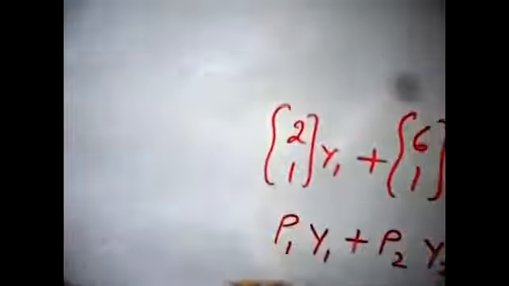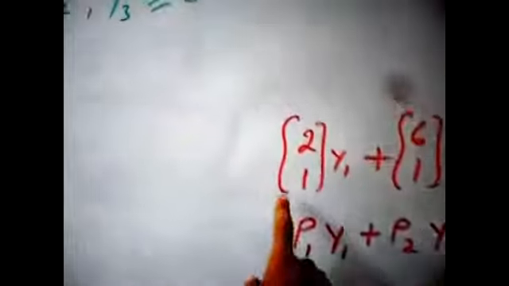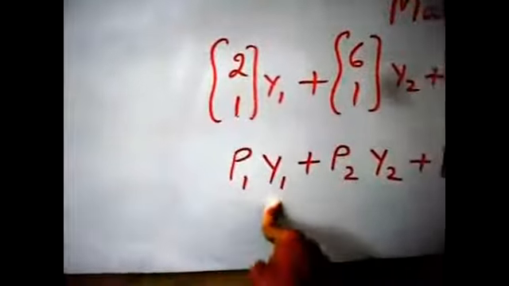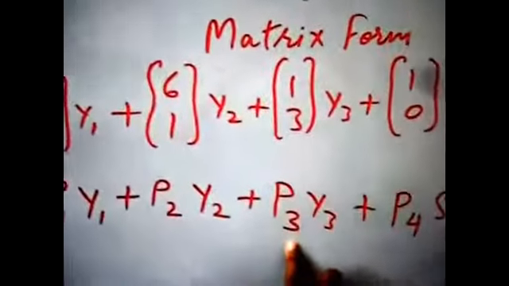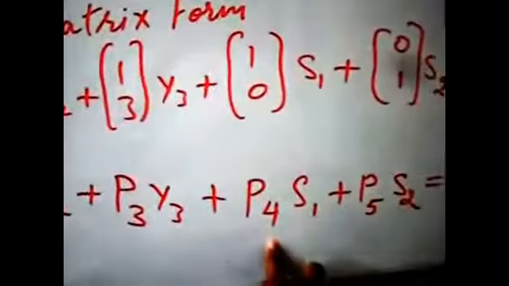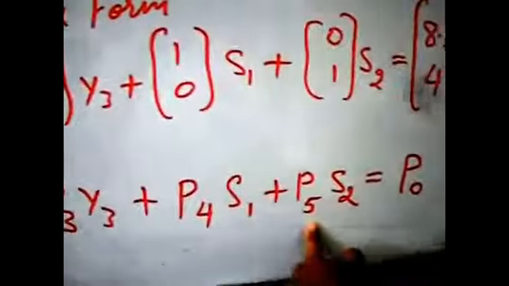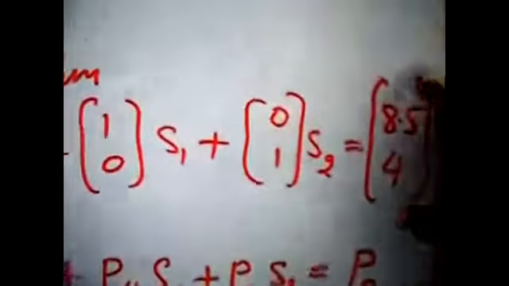Now we give the code numbers: this is p1 for y1, p2 for y2, p3 for y3, p4 for s1, p5 for s2, and the right side matrix will be p0.